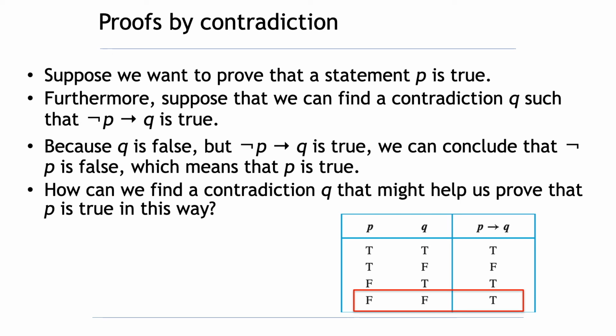Again, as you can see in the truth table, for the conditional statement to be true when Q is false, then P has to be false. If we prove that not P implies Q is true, then when Q is false, not P has to be false. If not P is false, then P is true, and we just proved our theorem.